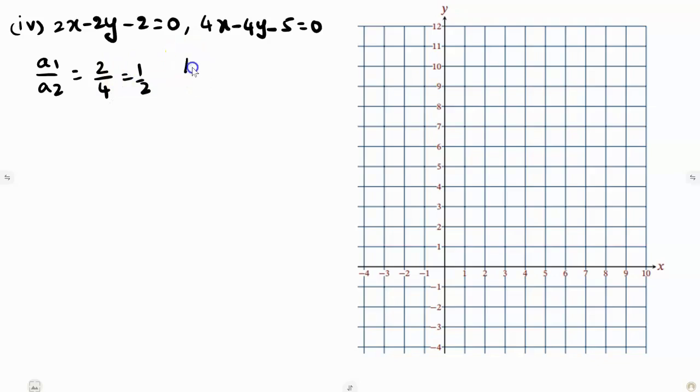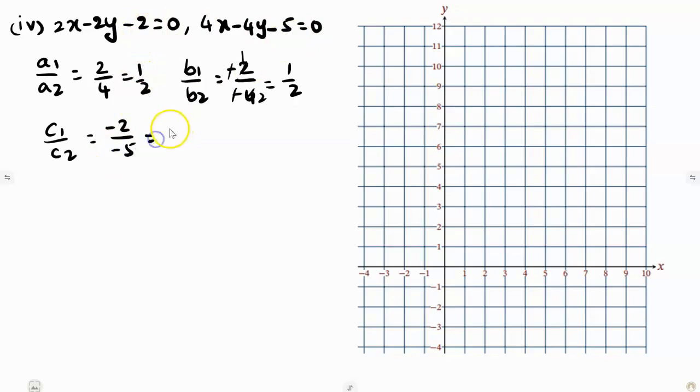Next, b1 by b2 is equal to minus 2 by minus 4, coefficients of y. Minus minus cancel, which is also again 1 by 2. Let's find c1 by c2 also, the constants: minus 2 by minus 5, which is equal to 2 by 5.